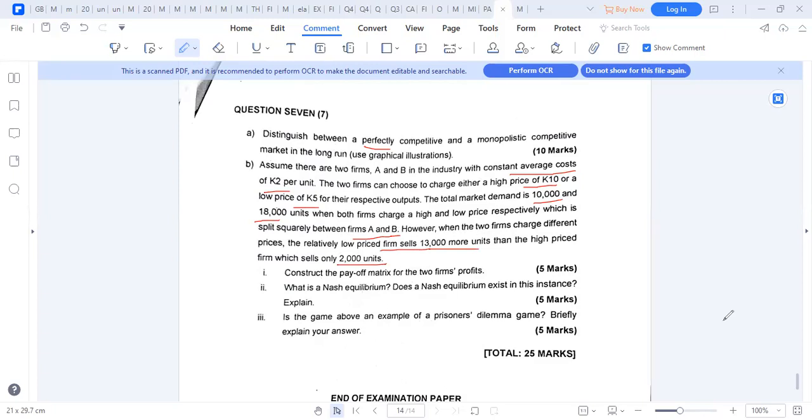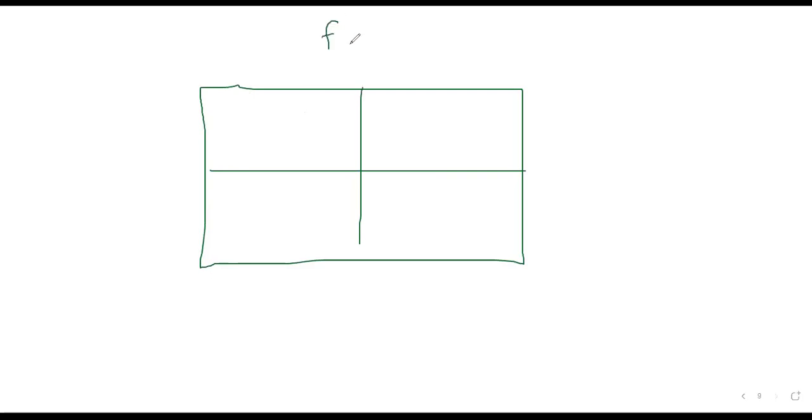So I said, prisoner's dilemma, we need to understand that the firms that are involved are as follows. There's firm 1 and firm what? Firm 2. So number 1, we should understand that. So firm 1, we have options of high price and low price.